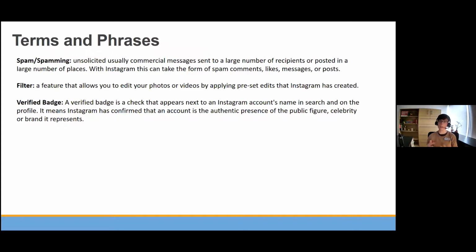This is especially useful for discerning public figures, celebrities, or brands. There are a lot of fake accounts out there, people trying to pretend to be other people. If you see that verified badge, you know that person has been verified by Instagram to be the correct person. So you may see it a lot with celebrities or with public figures, stuff like that.